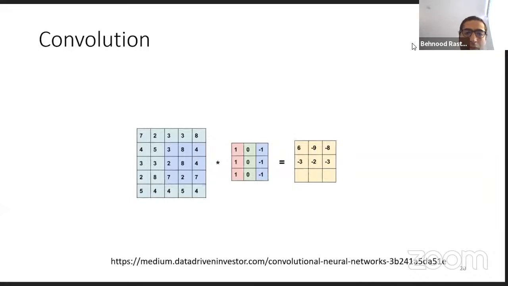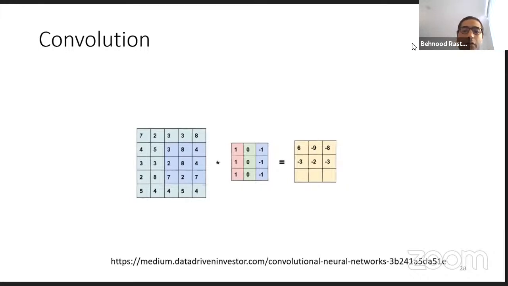So what's the main point of applying this convolution, and why is CNN one of the most effective networks out there in different machine learning areas and applications? Yeah, to generate more relevant features.